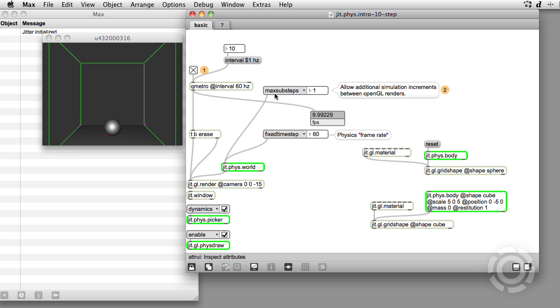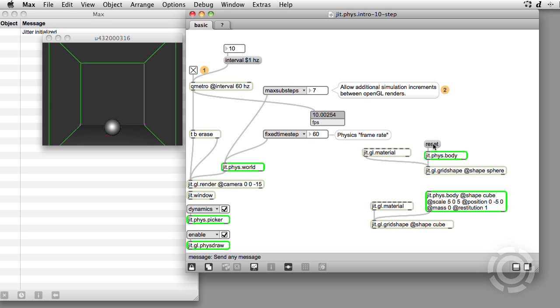Divide the physics frame rate, in other words, the attribute fixed time step, by your minimum qmetro frame rate and add 1. So 60 divided by 10 is 6, adding 1 makes 7. We set max substeps to 7, and now the ball falls at the right speed, even though the movement is jerky because of the low frame rate.